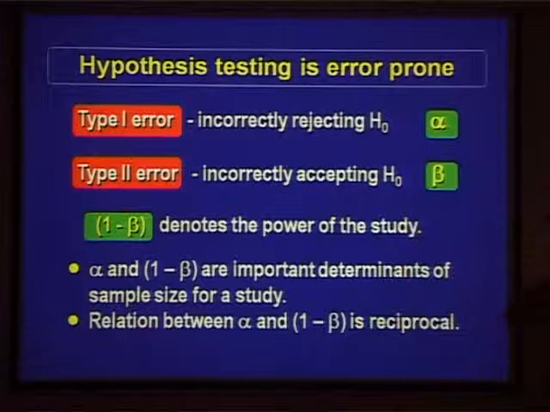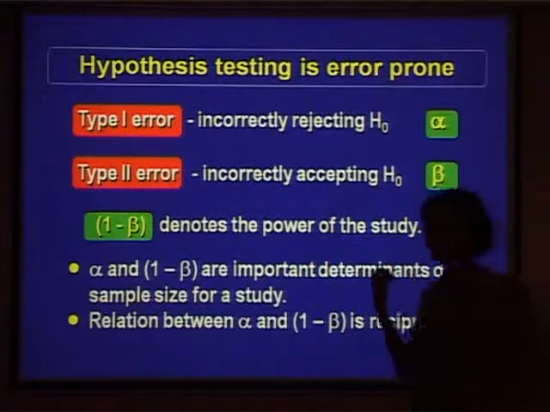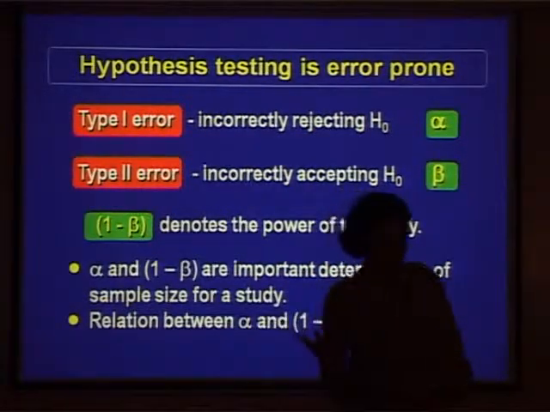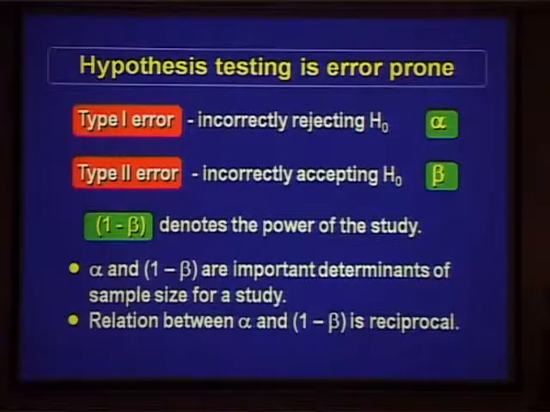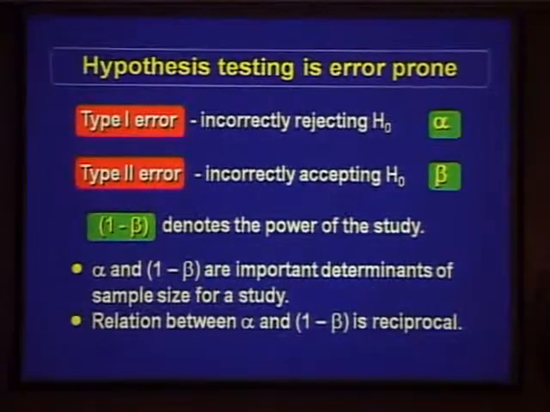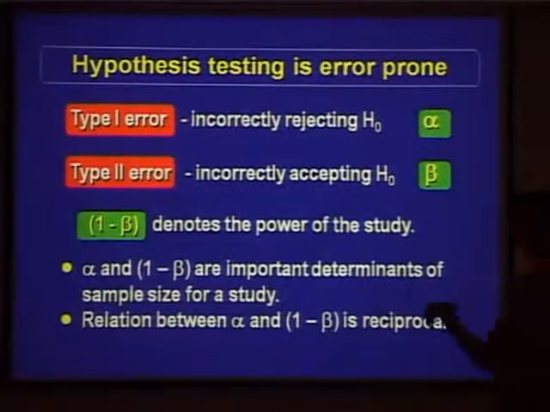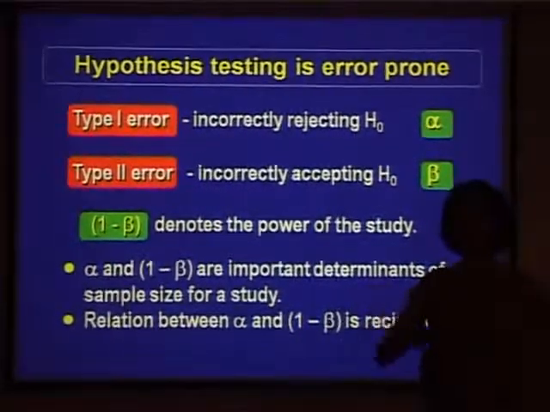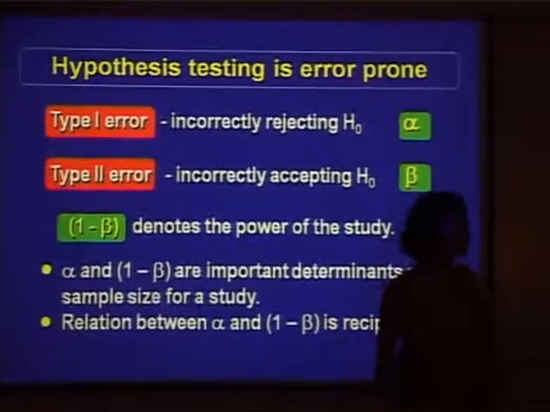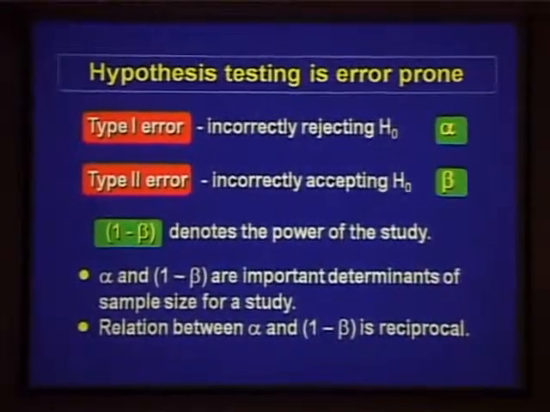So to find, you have to subtract beta. Beta error is conventionally set at 10% or 20%, which means your studies are usually 80% powerful or 90% powerful to detect a difference should a difference actually exist. Okay?